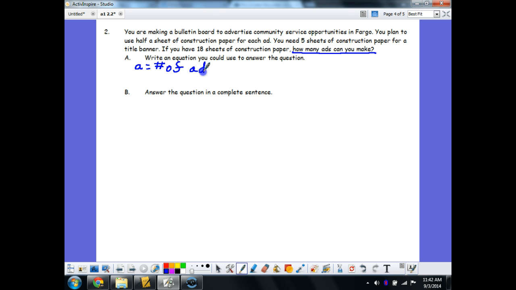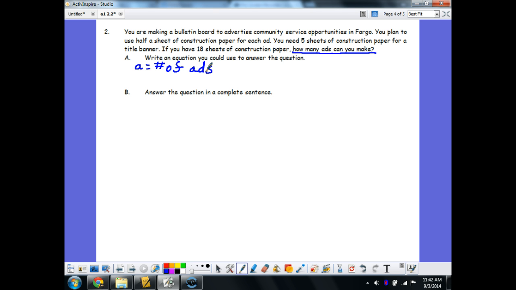All right, now, first of all, we plan on using half a sheet of construction paper for each ad. So if we make one ad, that's going to be half a sheet of construction paper. If we make 2 ads, that would be 1 sheet. If we make 10 ads, that would be 5 sheets.